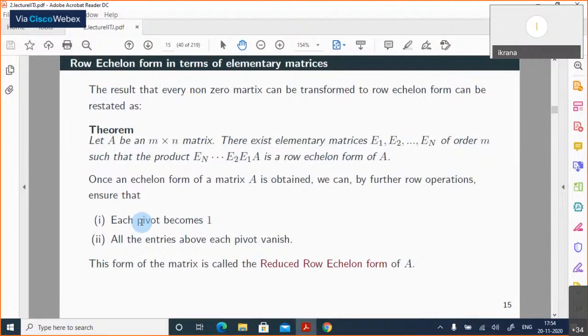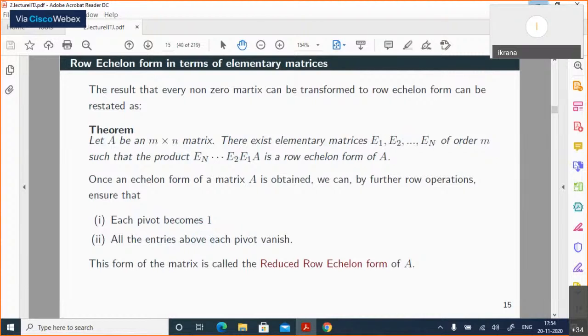Each has a first non-zero entry somewhere, after some zeros, say A_i at position P_i. So that non-zero entry is a number. And what is the property of row equivalent form? Everything below that pivot is 0.